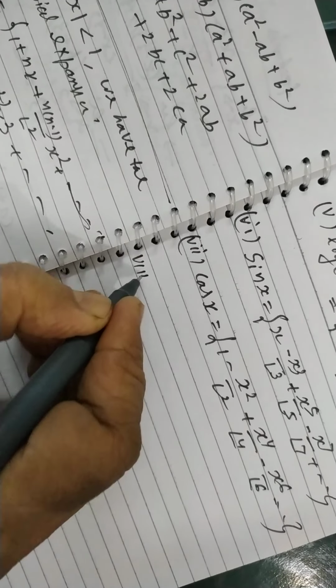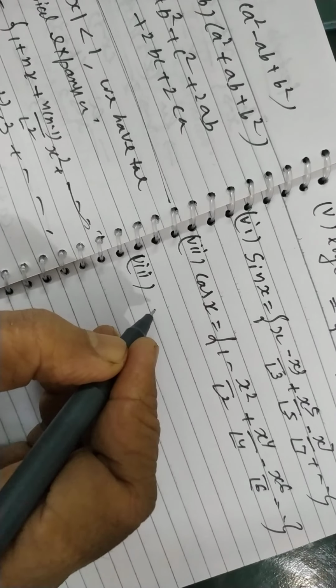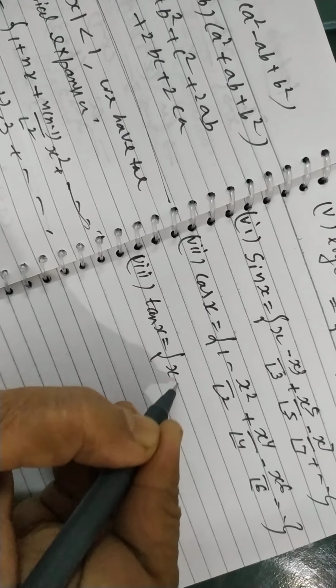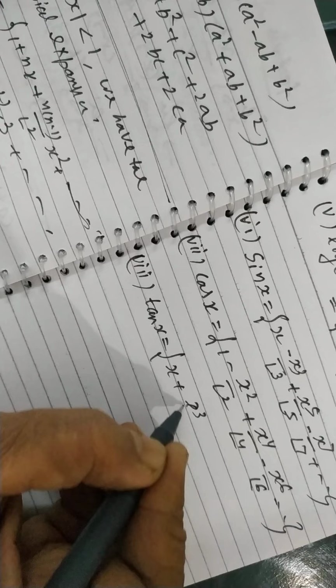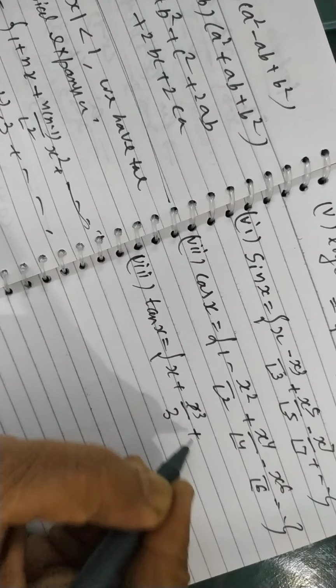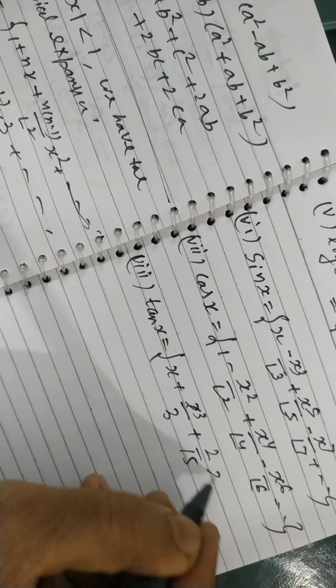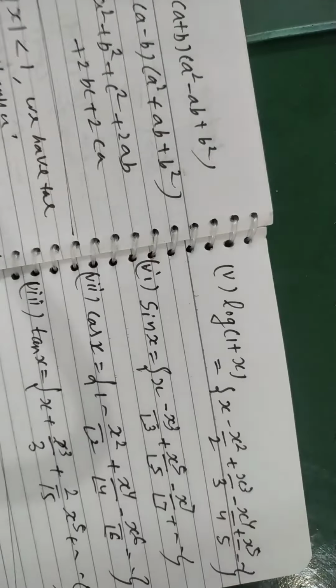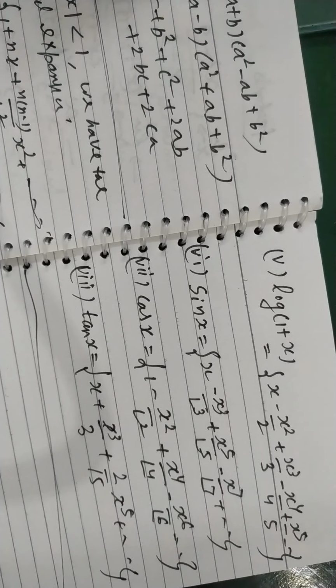Lastly, the series of tan x: x plus x cube upon 3 plus 2 upon 15 x to the power 5 and so on. These series are useful for doing limit problems.